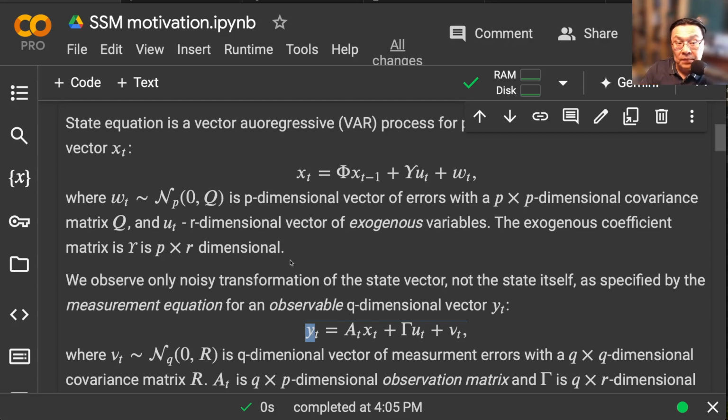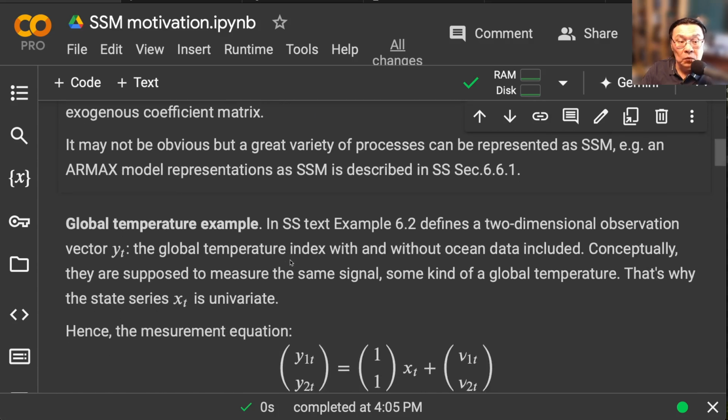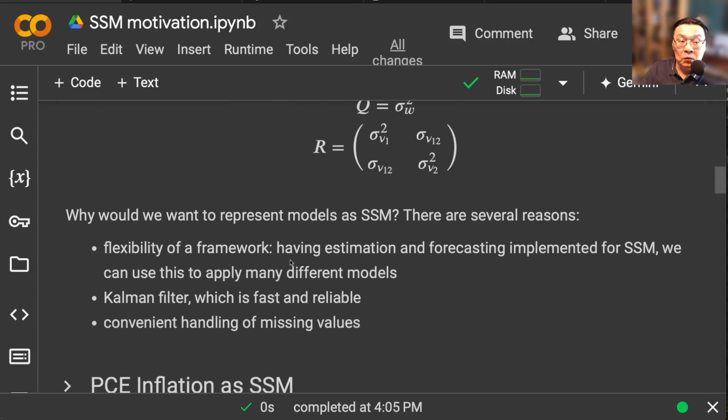So this state space model allows for representations of all kinds of different models, such as the very well-known ARIMA.